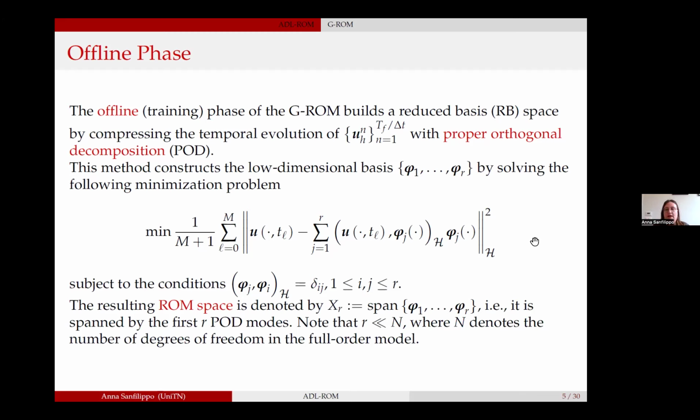We choose the number of basis functions we want to use, but in order to have a meaningful G-ROM, of course, we want to choose R very, very much smaller than capital N, where capital N denotes the number of degrees of freedom in the full order model, that is to say, the dimension of the finite element problem. So after we conclude the offline phase, we will have available for the rest of the procedure all the basis functions we computed and the associated eigenvalues.